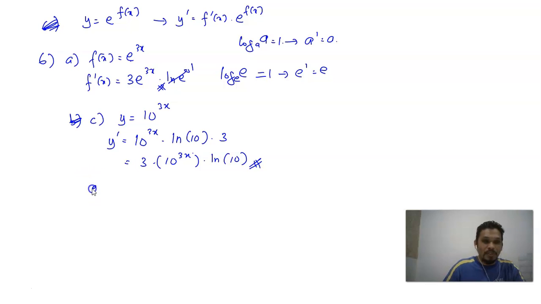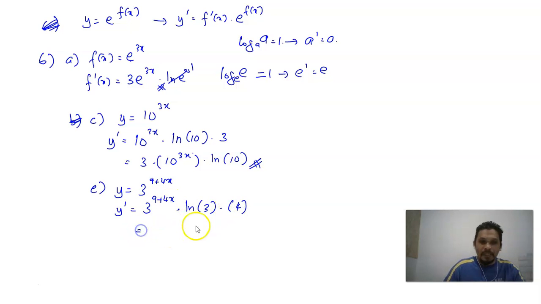Then question E. Y equals 3 to the power of 9 plus 4x. Then y prime equals 3 to the power of 9 plus 4x, and then natural log of 3 multiplied with the derivative of 9 plus 4x, which equals 4.